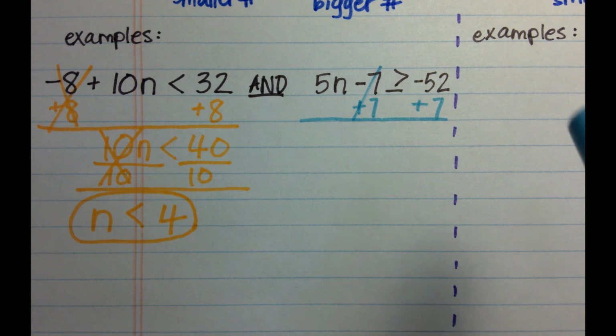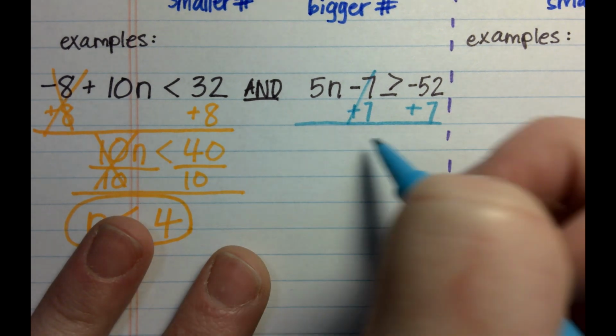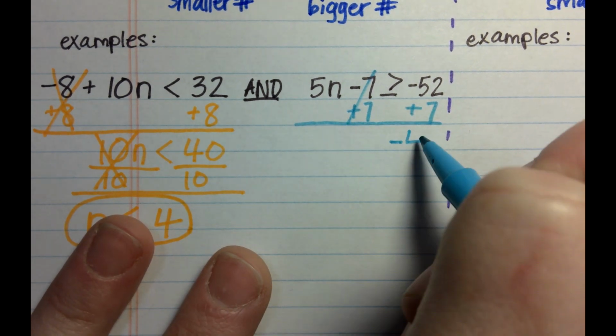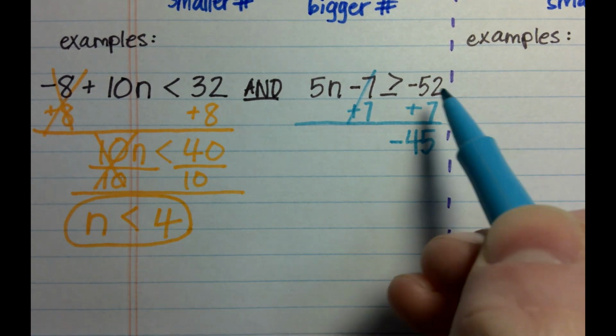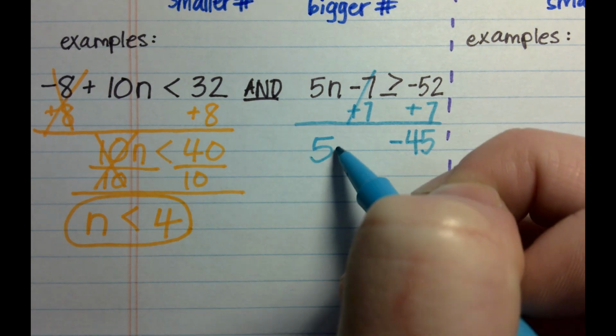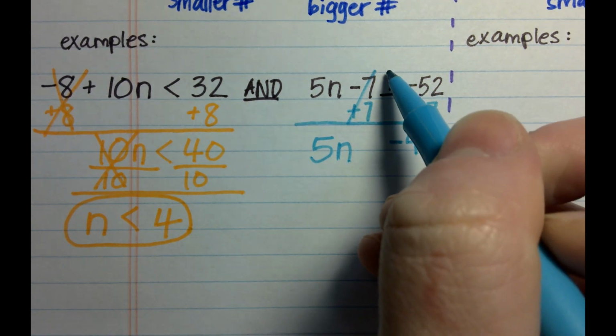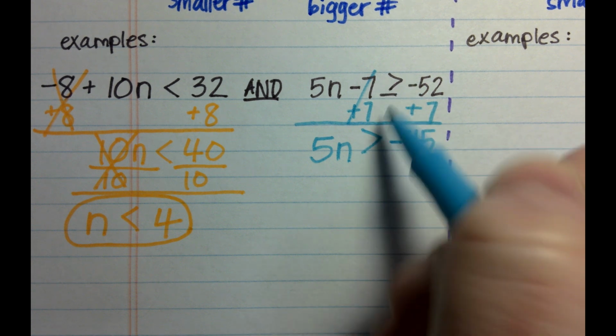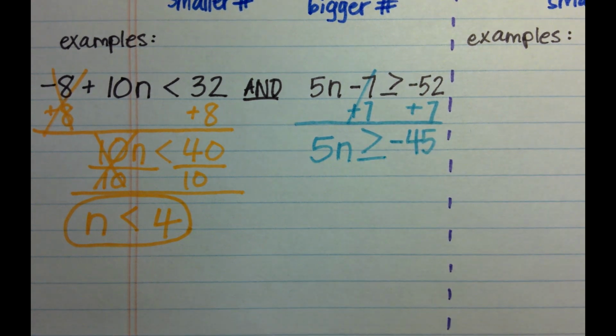If it was plus 10, it would be negative 42. Yeah, so negative 45. Then we'll bring everything down. We have 5 times n is greater than or equal to negative 45.